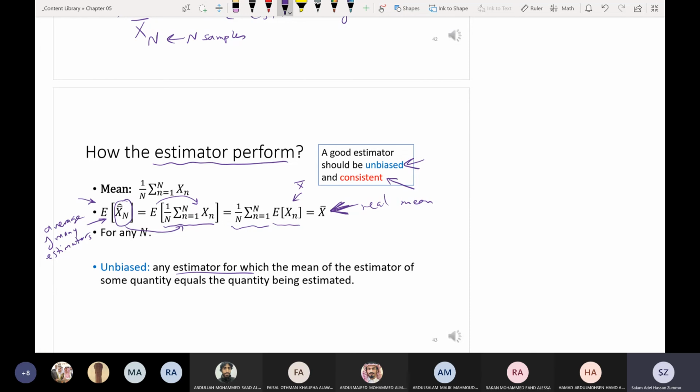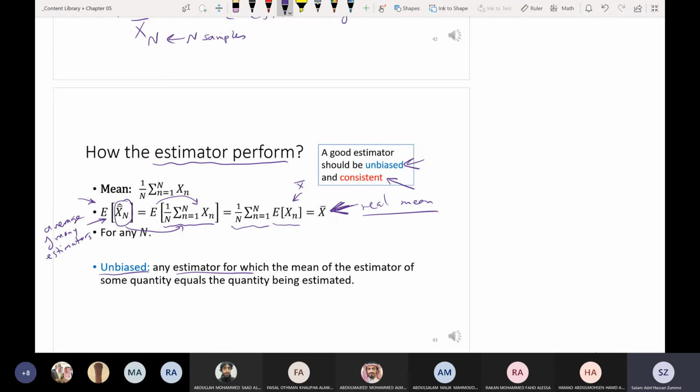Is that clear, guys? This we call unbiased. What does unbiased mean? It means if I repeat this many times and take the average of these estimated averages, I will get the real average, the real mean.